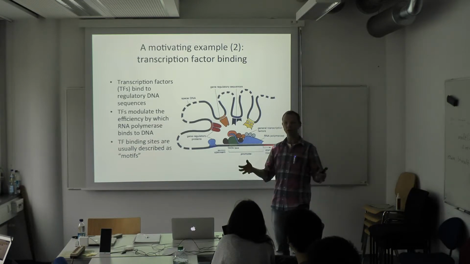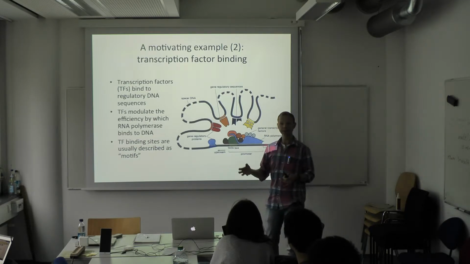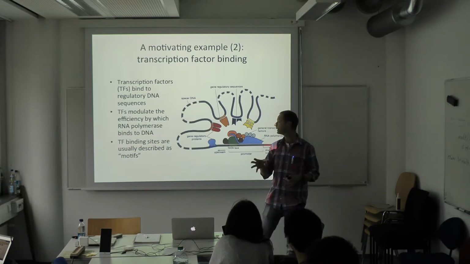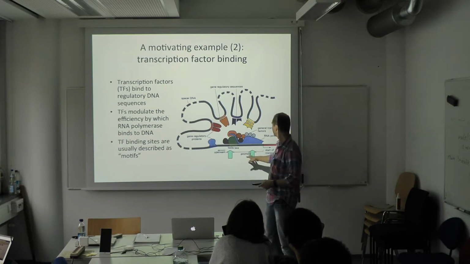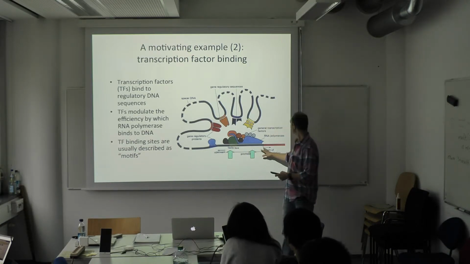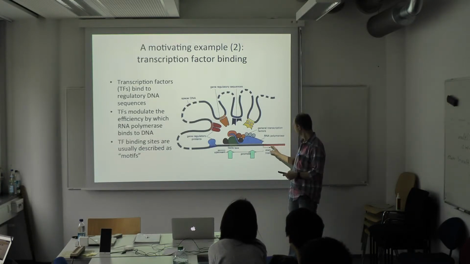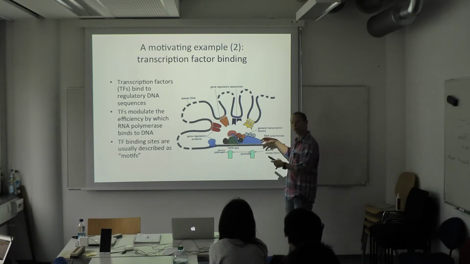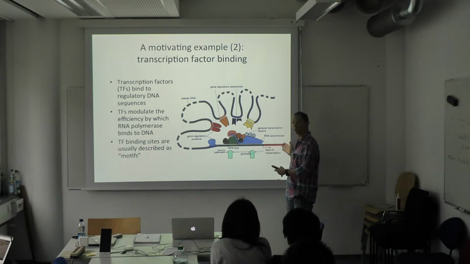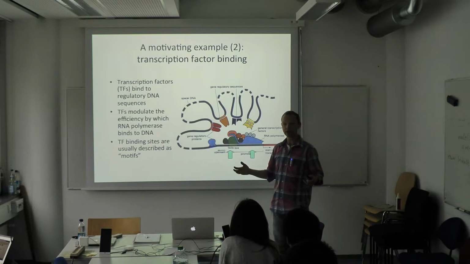This is a class of proteins that all bind to DNA either directly or indirectly. So they would typically bind in this region here, which is just upstream of a gene on the genome. So here we have the gene. This thing here, the RNA polymerase, is going to transcribe this gene sequence, and it will result in an RNA molecule.